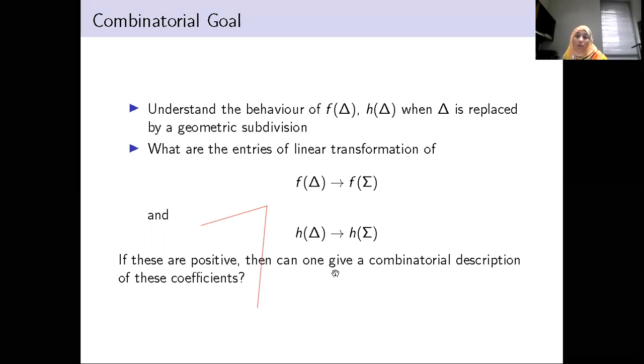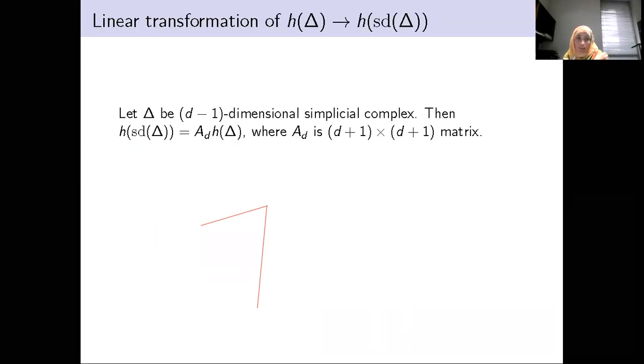Can we give a combinatorial description of these coefficients? This is the fundamental question in algebraic combinatorics. If you have an interesting sequence of non-negative integers from some geometric object, the fundamental question is what the combinatorial description of these coefficients is.